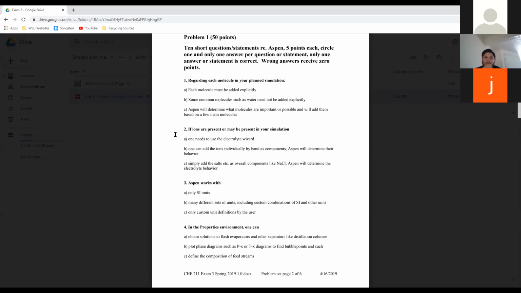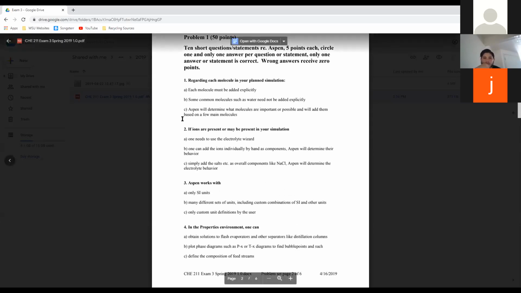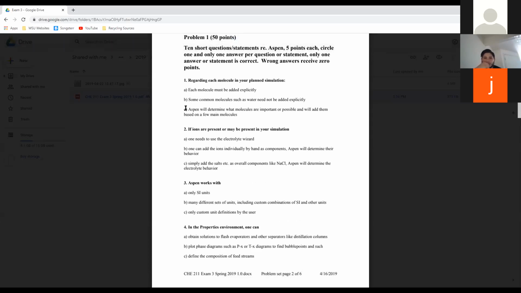I think what this also means is, in the components eventually, we've seen in the past that if ions may be present in your simulation, we have to use the electrolyte wizard. I've learned this through a lot of trial and error, unfortunately, a lot of time spent trying to figure out what went wrong: if you don't use the electrolyte wizard, Aspen will not pull the right dissolution information from its databases.